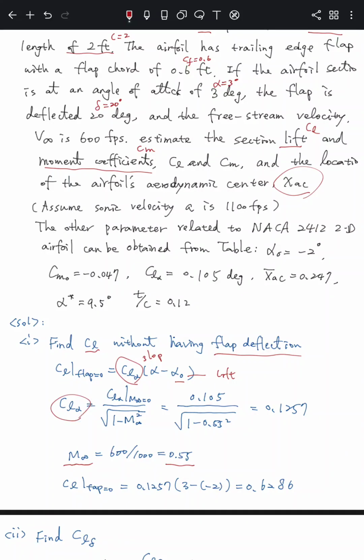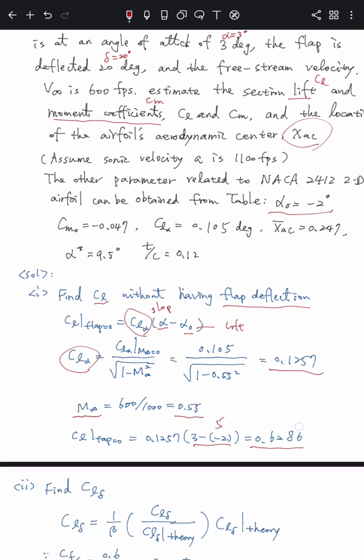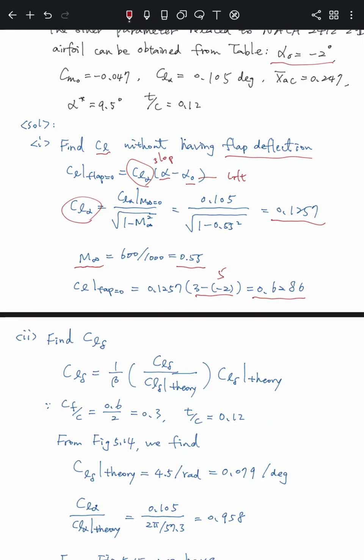So we obtain CL alpha of 0.1257. For the remaining term, alpha minus alpha 0, where alpha 0 is minus 2 degrees, we have 5 degrees. Multiplying them together, we get 0.6286.